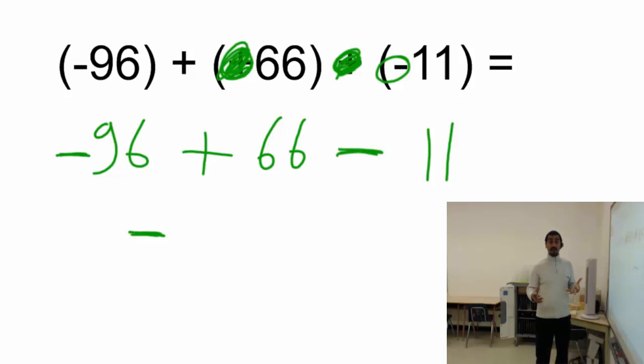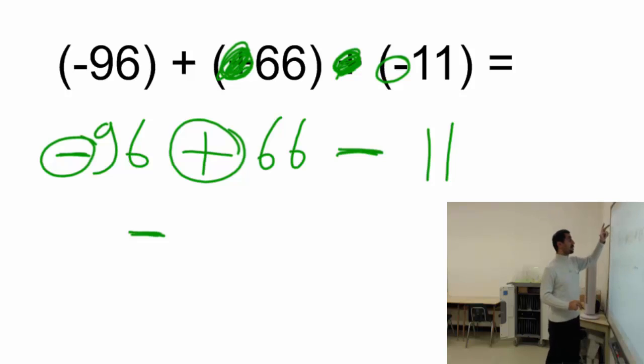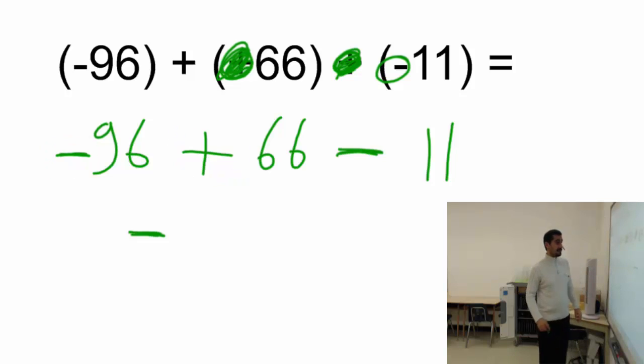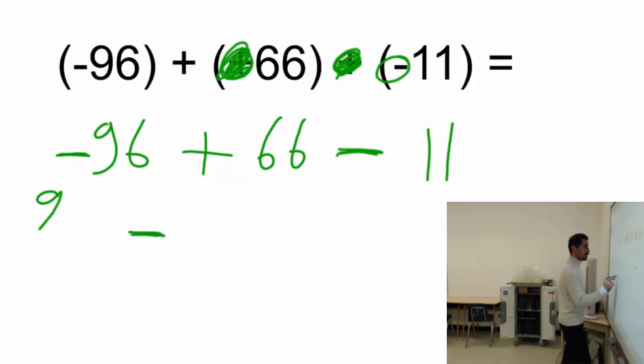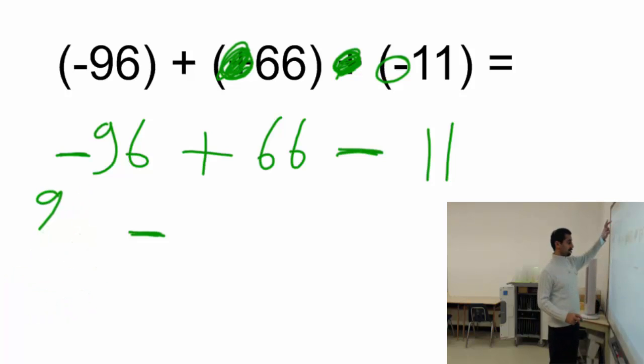So then the number, am I going to add them together and go up, or subtract and go down? I will go down because signs are different. So I'm going to go down. 96, 66, subtract. That will give you 30.